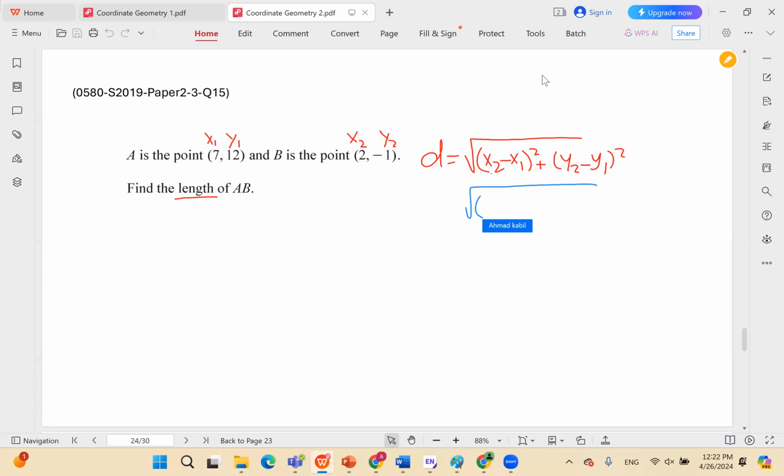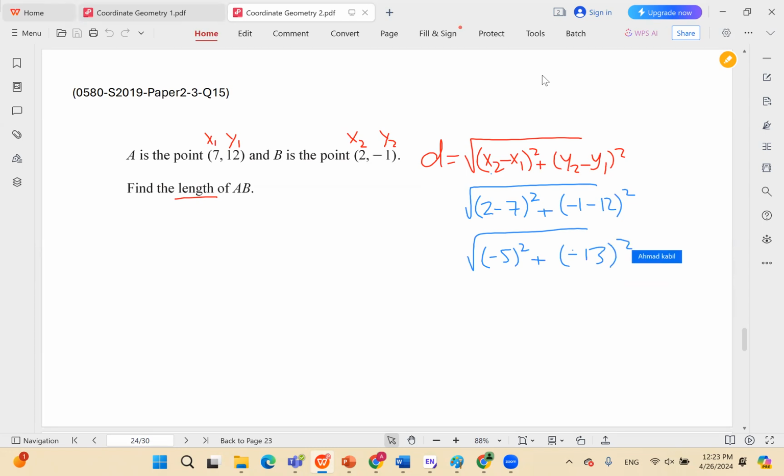Now x2 is going to be 2 minus x1, which is 7, squared, plus y2, which is -1, minus y1, which is 12. And this also is raised to the power of 2. Now we simplify. So we have root of -5 squared plus -13 squared.